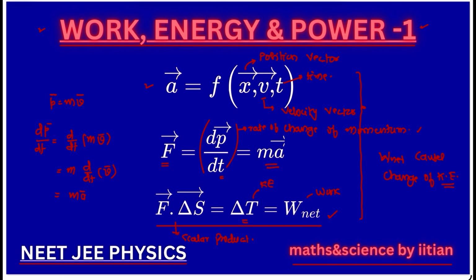When some work is done, what happens to the particle? That particle gains or loses kinetic energy. That is delta T. This is the concept behind work, energy and power. We will move further.